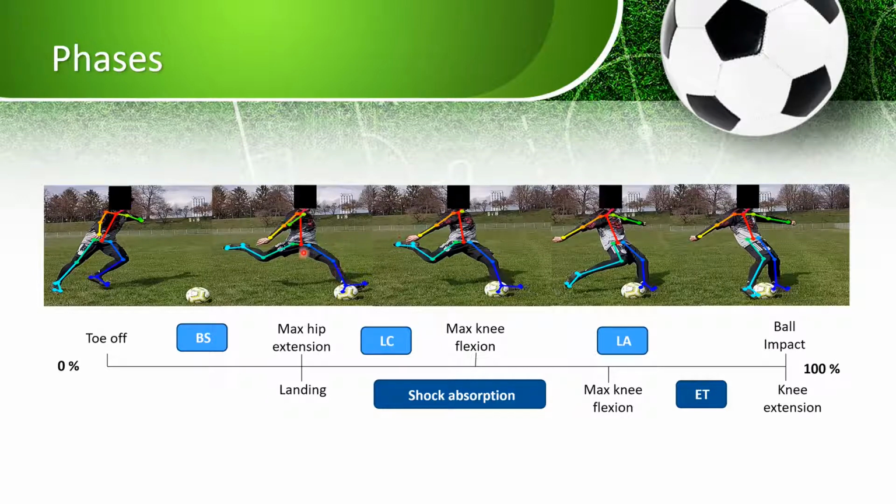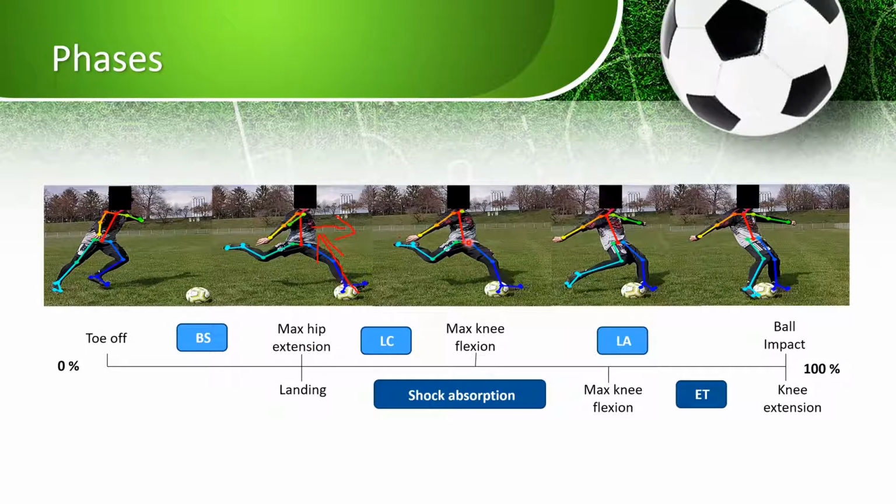Then let's look at the supporting leg. So what's gonna happen after landing? You flex your knee. Why? Because you are actually running towards the ball, and as soon as you land on the ground, you are moving forward. Then you land, the ground reaction force goes towards you, and somehow you have to absorb this shock.